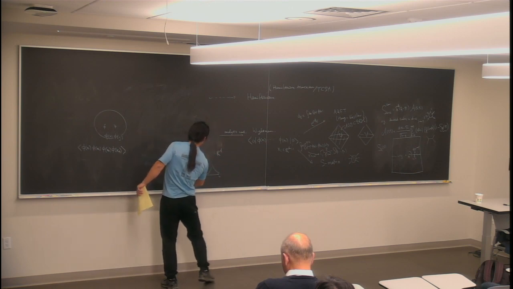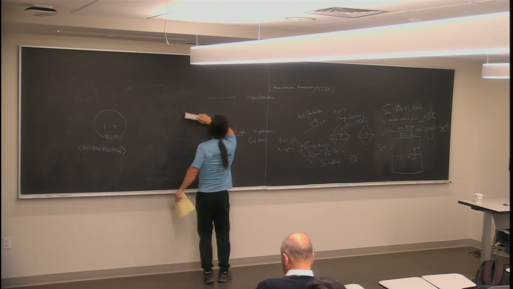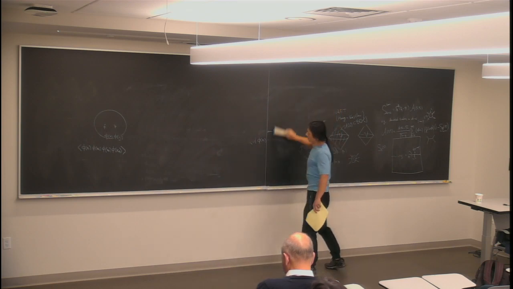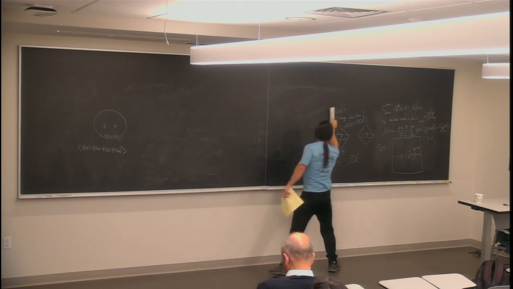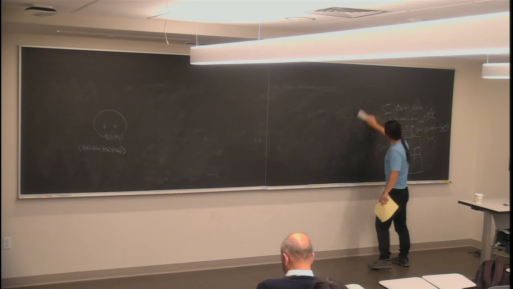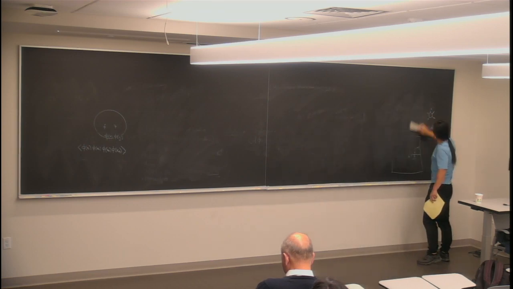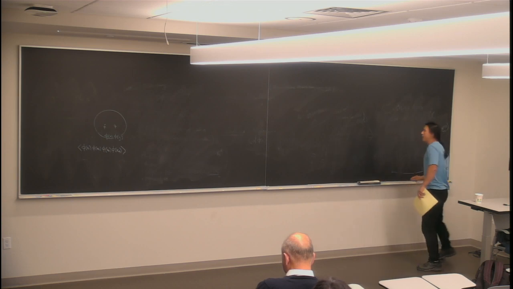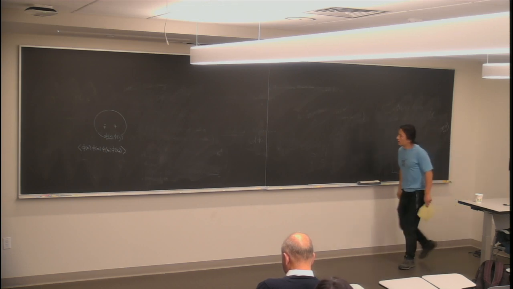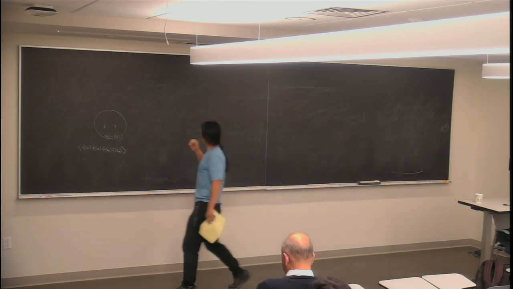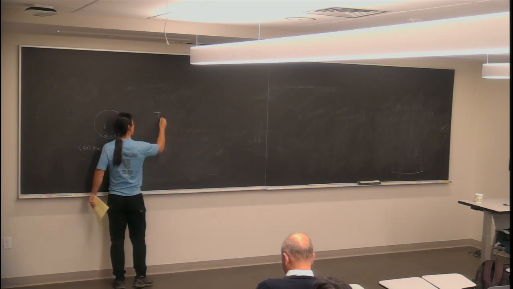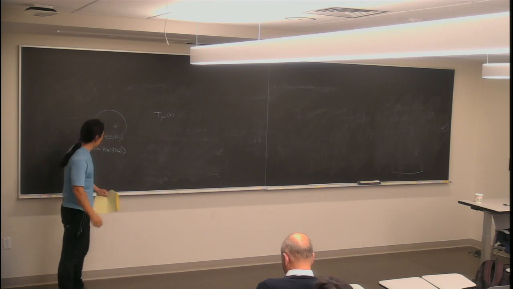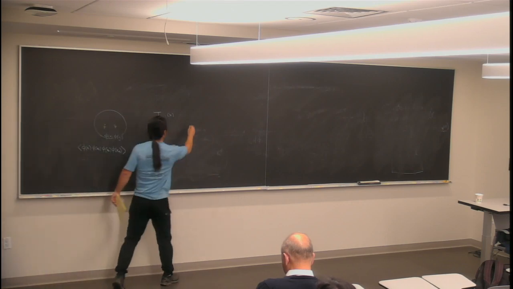I'm going to simplify my life by referring to quantum field theories that are conformally invariant. So why conformal symmetry? We expect that the quantum field theory should contain a special operator called the stress energy tensor, T mu nu of x, that's symmetric and conserved.